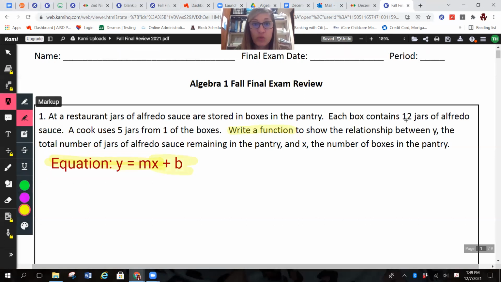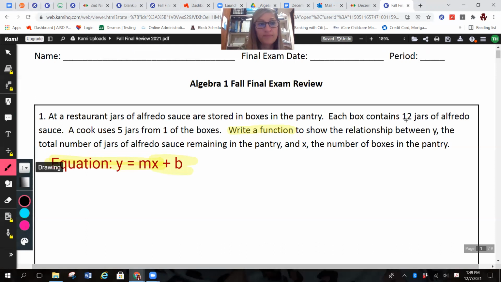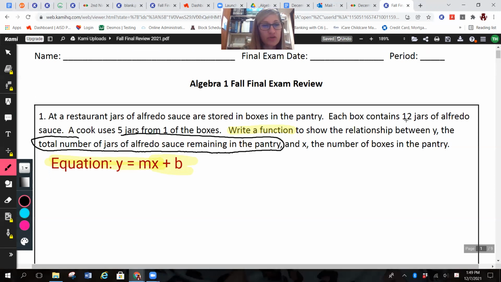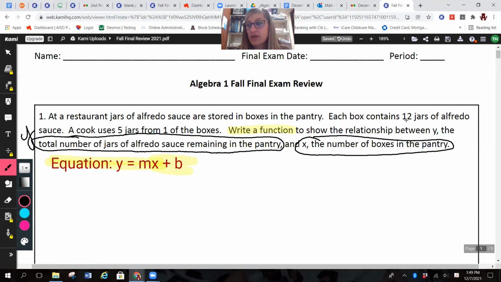All right, so we're going to write an equation to show the relationship between y and x. y represents the total number of jars of Alfredo sauce remaining in the pantry. That's my y. X is the number of boxes in the pantry.